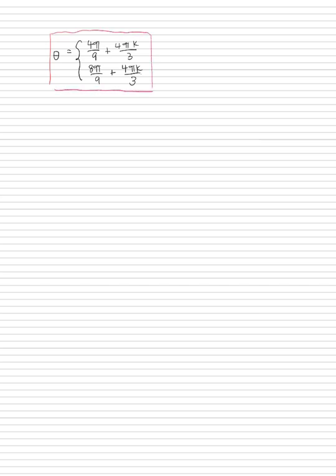Okay, so now let's start out with when k equals 0. Okay, so I'm going to plug it into both. So our theta is 4 pi over 9 plus 4 pi, multiplying by 0, sorry. Why did I just write that? But anyway, so this is just going to be 4 pi over 9.